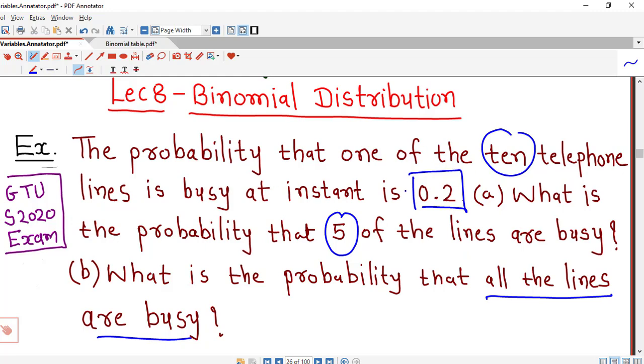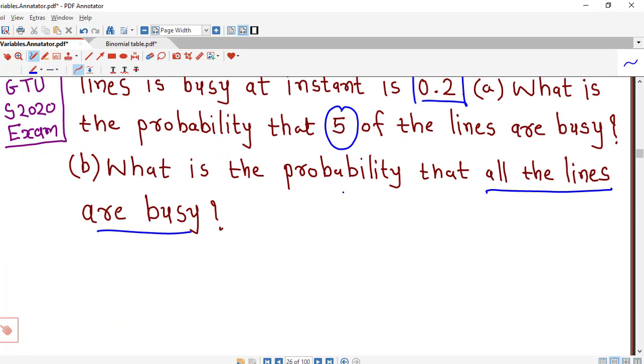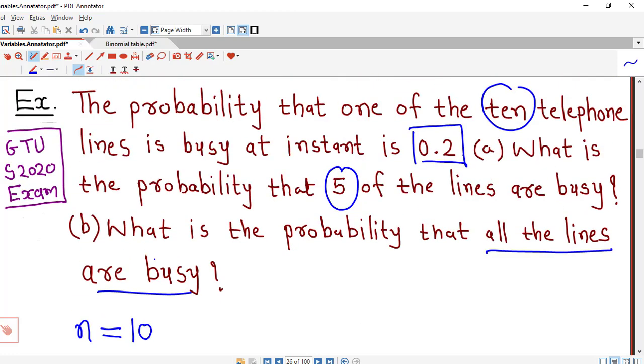So here it is given that there are 10 telephone lines. Here we can consider n equal to 10, where 10 is the number of telephone lines, and for each telephone line there are only two possibilities: either the telephone line is busy or it is not busy.